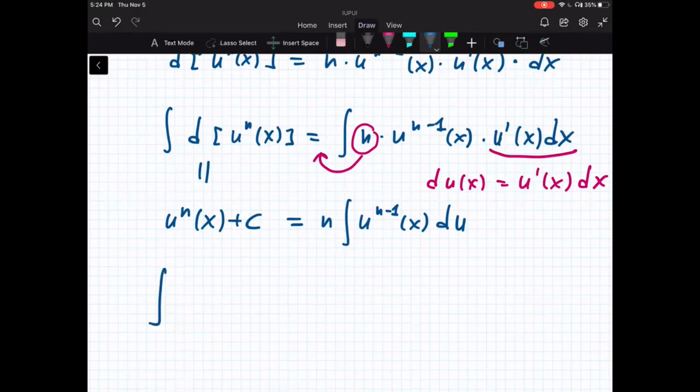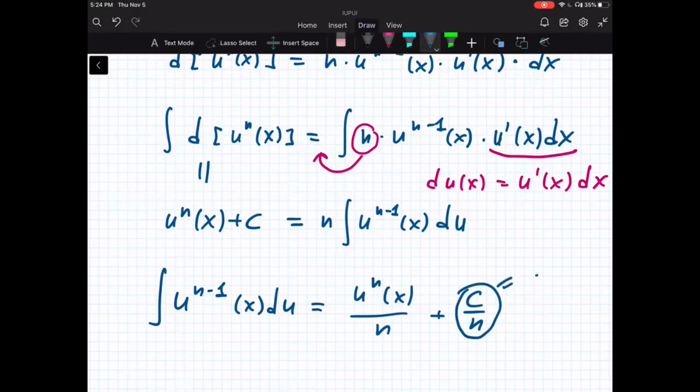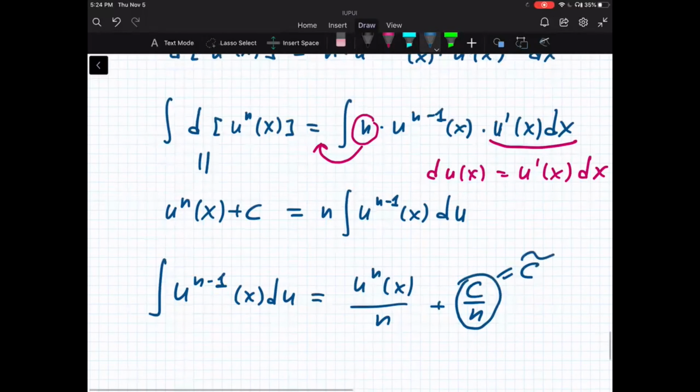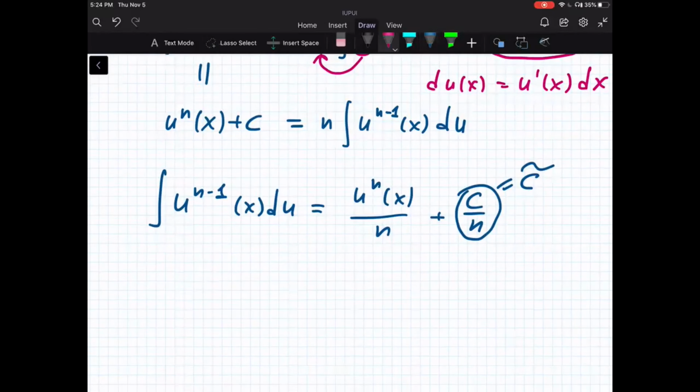The integral of u^(n-1) of x du will be u to the power n of x divided by n plus some constant divided by n, but this is again just some different constant, say c tilde. That's what is called the general power formula.